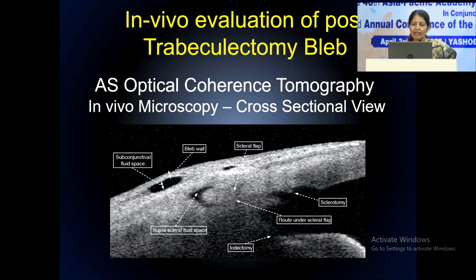This is a classic example of the cut section of the AS-OCT generated bleb area. You can see here the subconjunctival fluid space, the suprascleral fluid space, the route beneath the bleb, sclerostomy opening, iridectomy, and bleb wall.